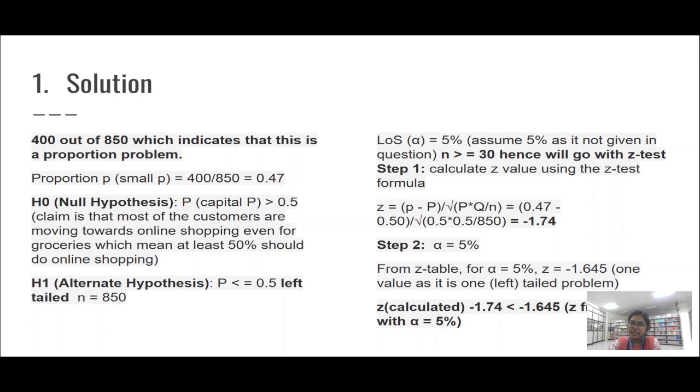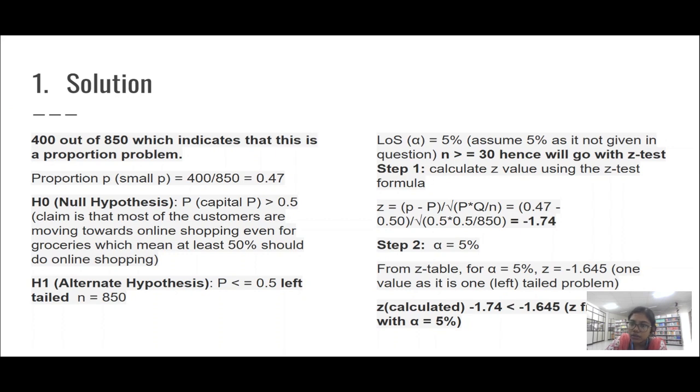According to this statement, the level of significance is 5%, which is an assumption we are giving. And n is greater than or equal to 30, hence we go for a Z test.